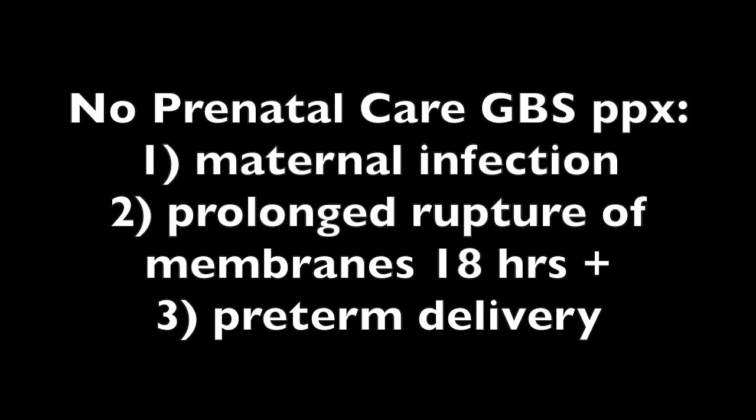And the third is if you don't know her status and she's preterm, then you're going to give ampicillin or penicillin prophylaxis. Remember, the most common cause of post C-section fever is endomyometritis, and you treat that with gentamicin and clindamycin.